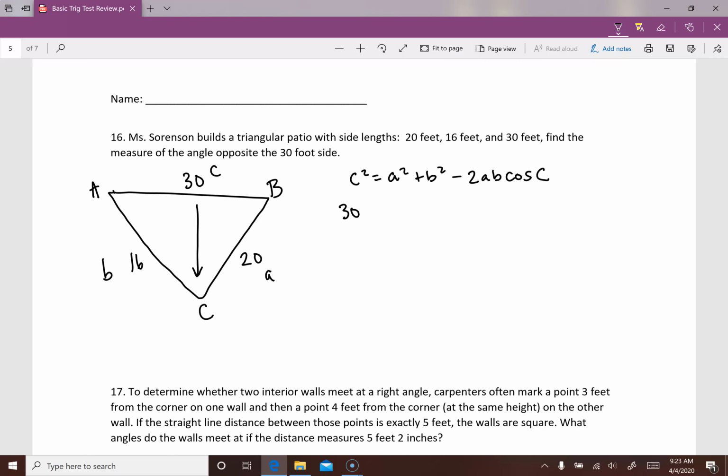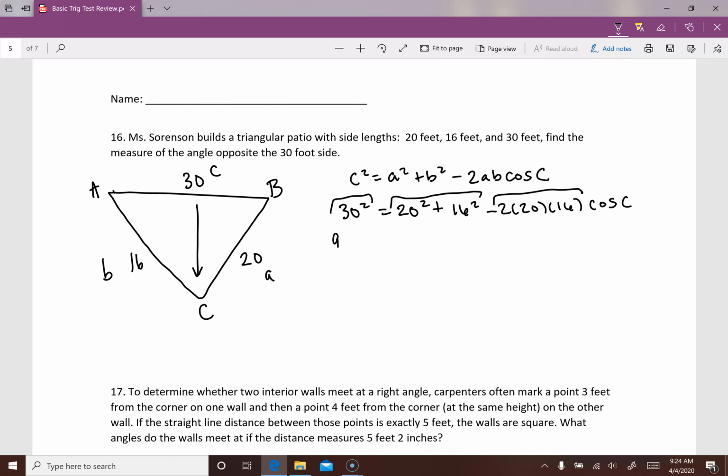So 30 squared is equal to 20 squared plus 16 squared minus 2 times 20 times 16. And we don't know what C is, so I'm just going to write cosine C. Do this math, and this math.